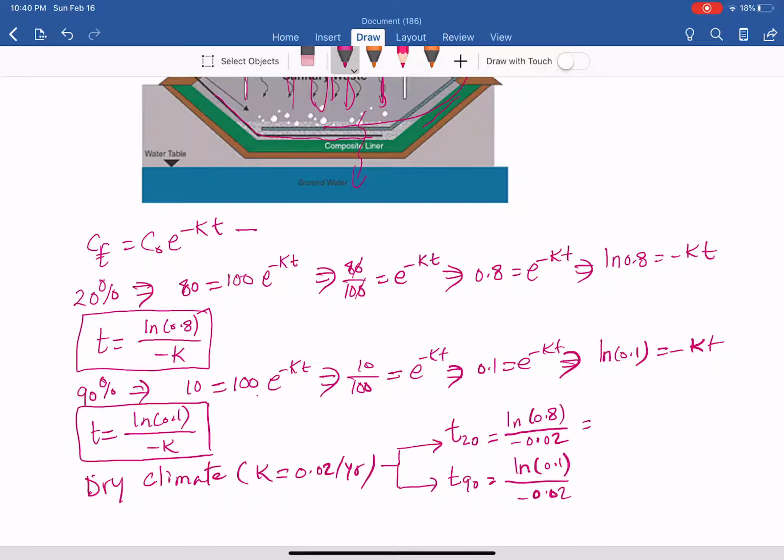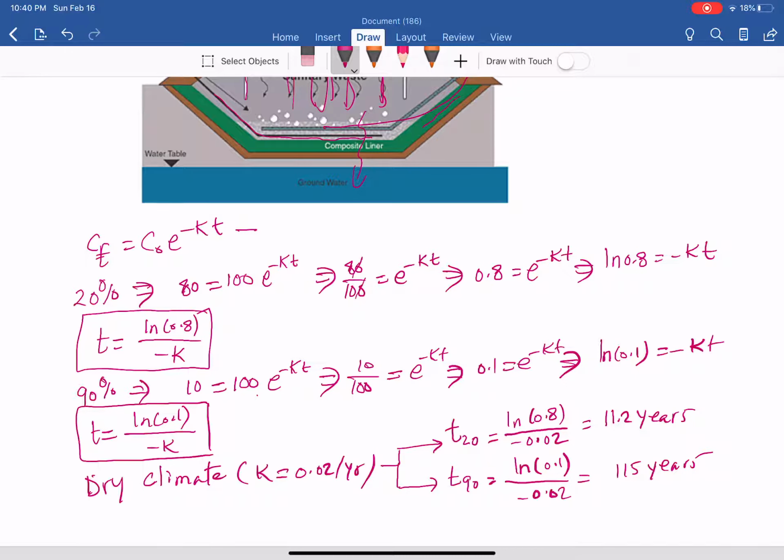So the first one is 11.2 years. The second one is 115 years.